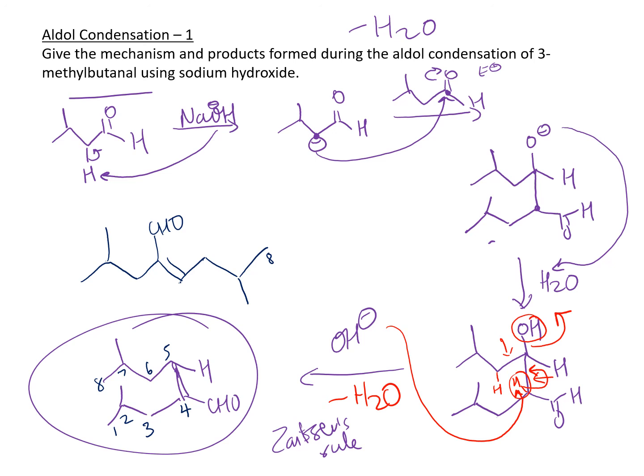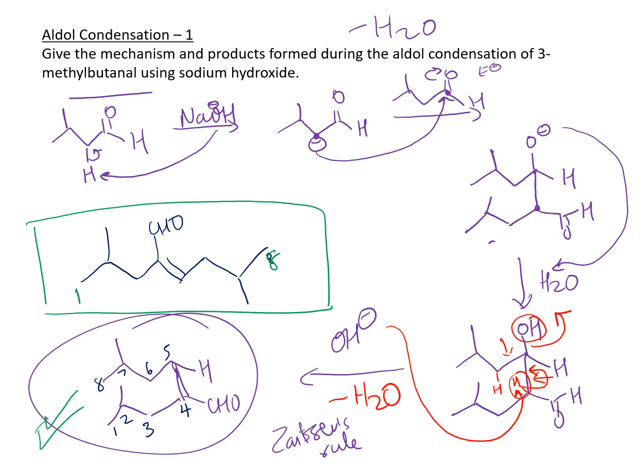So that is your compound, and this one looks just a little bit prettier than before. So for your sanity, if you need to write this out in a pretty way, you can do this. This is fine as well. It just does look a little awkward. Maybe it'll look a little less awkward if you remove the hydrogen on this one. But anyhow, so that's aldol condensation.